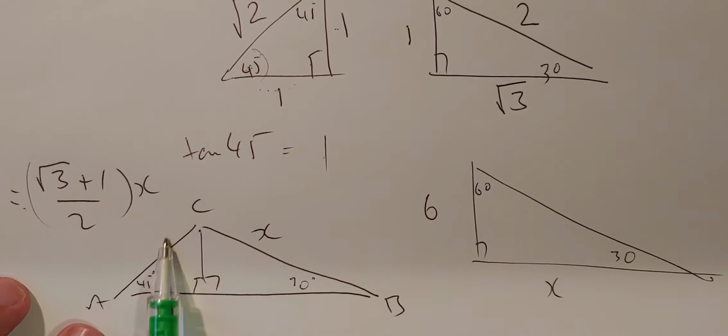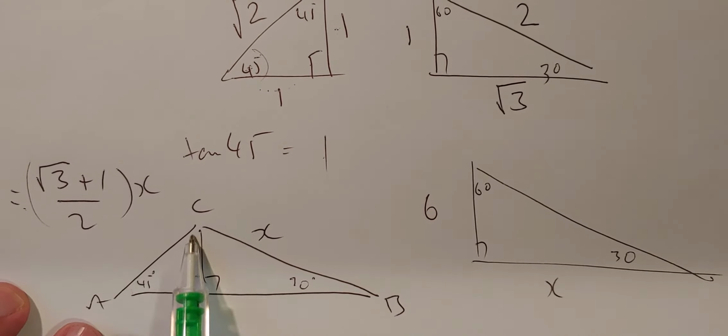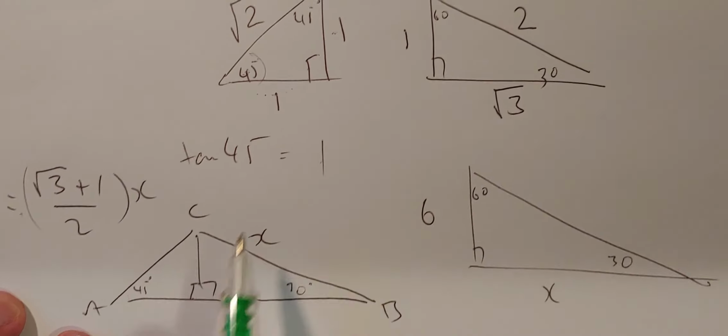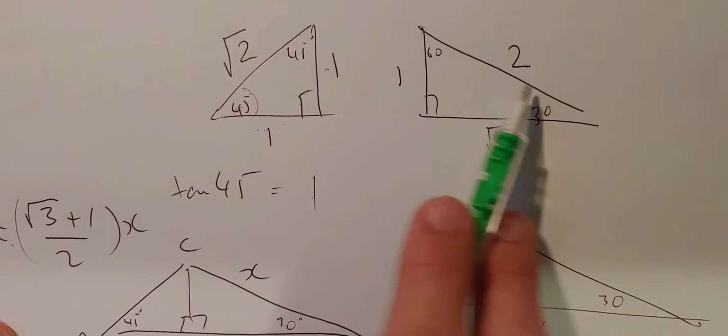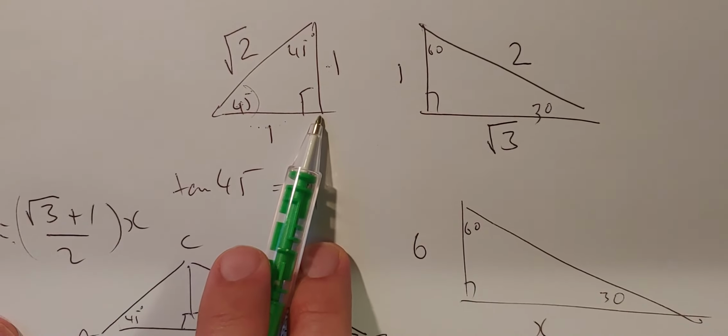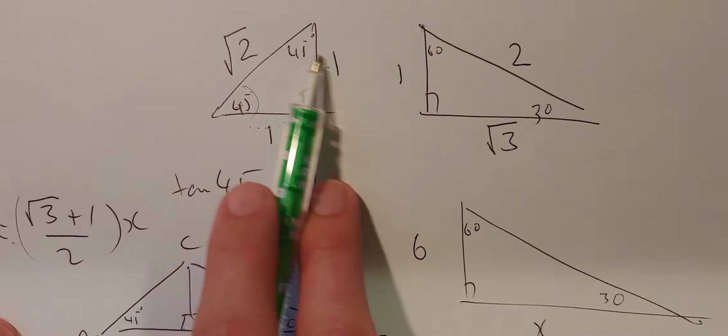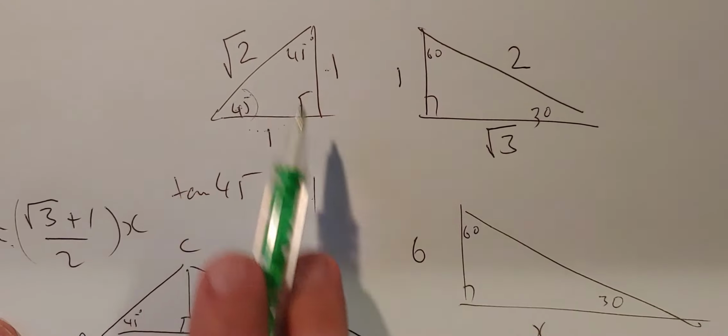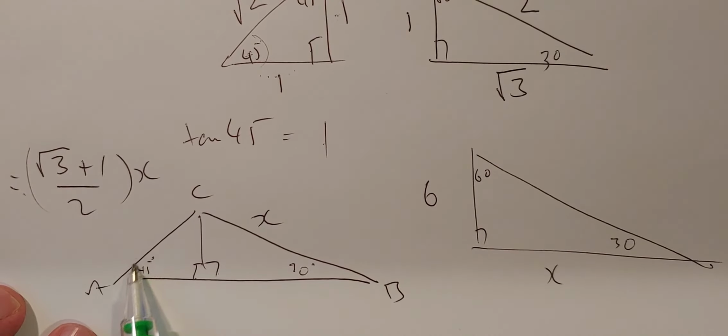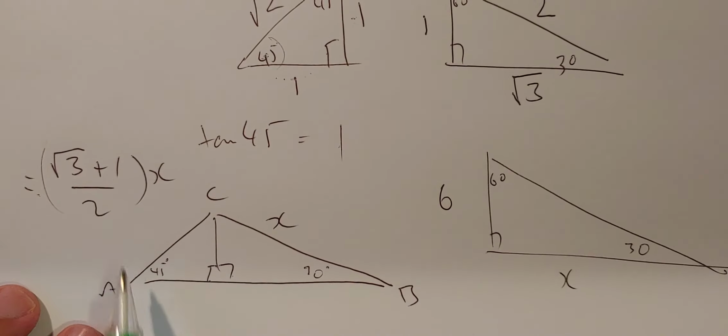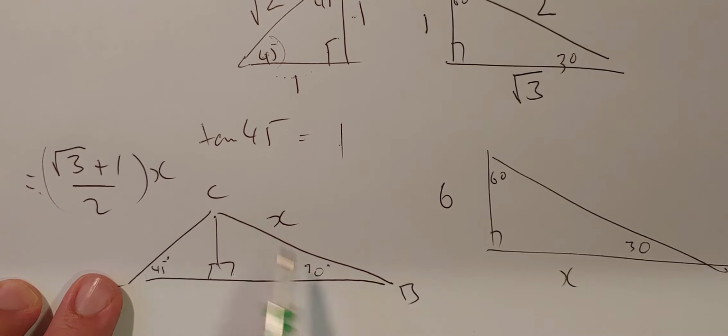So I want you to think about this in terms of what you know about similar triangles. This is a 45, 45, 90. This is a 30, 60, 90. They're going to have the same ratios as these special triangles, because all AAA, all similar triangles have the same ratios of their sides. So use that knowledge to prove that this distance is root 3 plus 1.